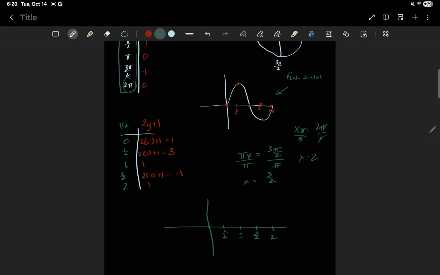And remember that 0 is part of it. So at x equals 0, our y value, rather than being 0 like it was here, is going to be 1. So then we make a tick mark for 1.